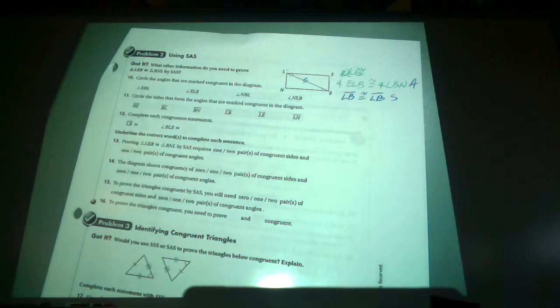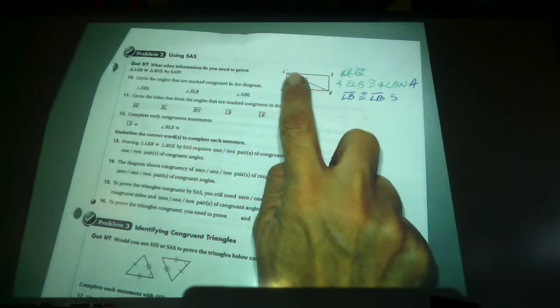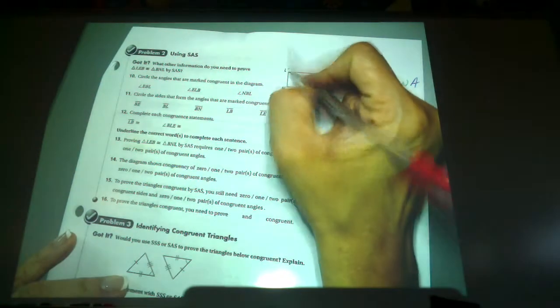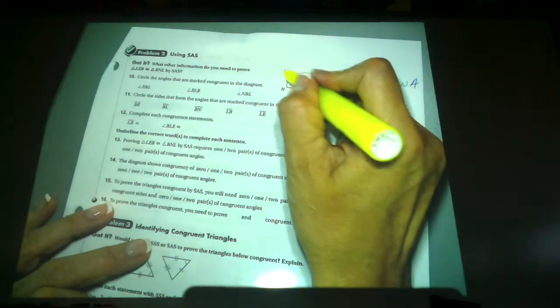Another side. But I specifically need the side that's going to include those angles. So if I've got this angle here, make it in red, I've got that angle there, and I have this side. And I'm just going to look at the top triangle. What other side do I need?